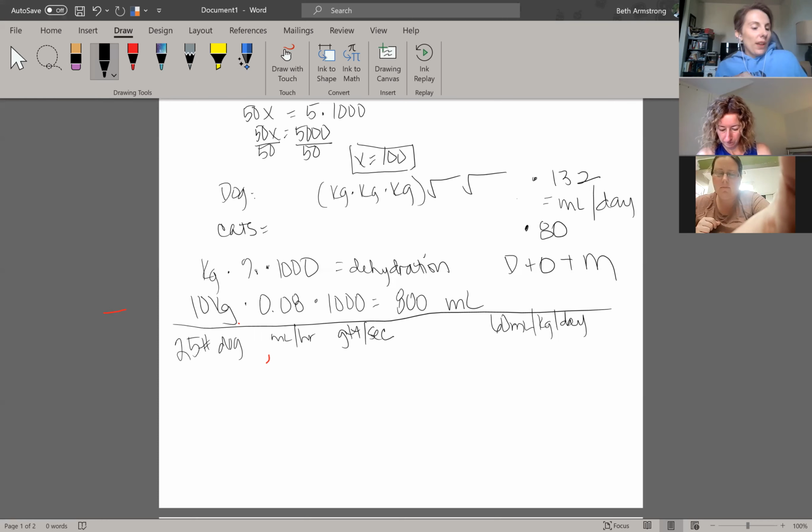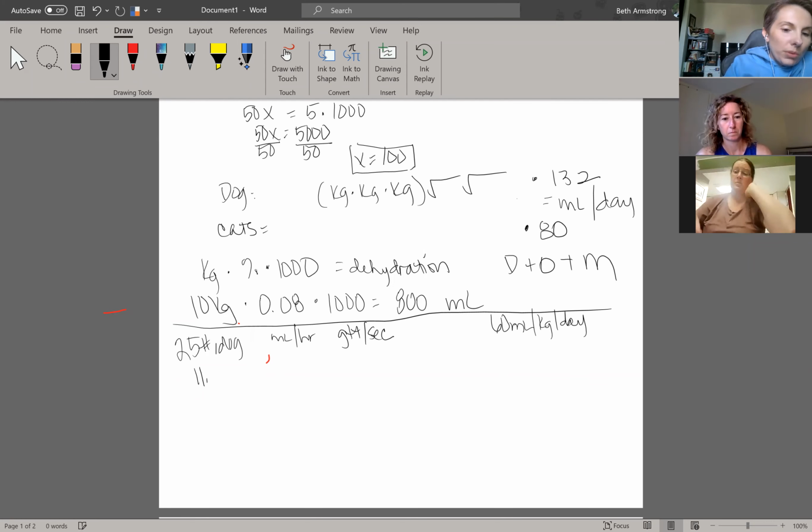If we take 25 pounds, 25 divided by 2.2 is 11.4 kgs. Let's go with that.